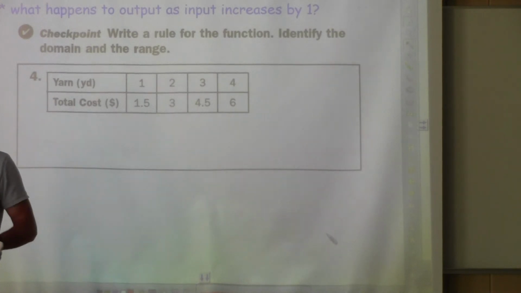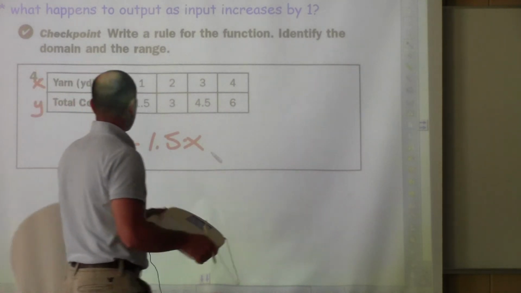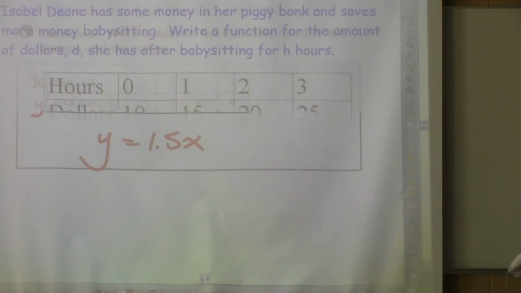Hey, we've got our rule. Each output, or y, or cost in this case, is 1 1/2 times the input, or the number of yards. So we'd say y, the total cost, is going to be 1 1/2 times the number of yards I buy. Okay. We're going to disregard what happens to the output as the input increases by 1 for right now.